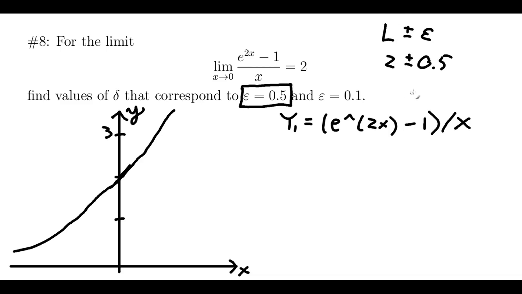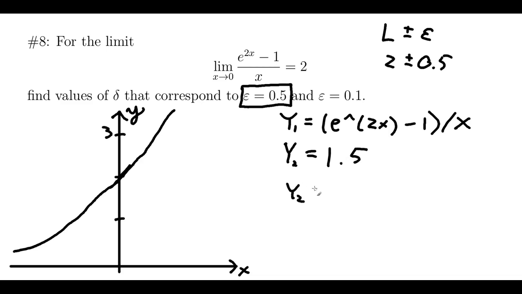Now, like I said, we'll have to solve some equations here, but the easiest way to do that in a case like this is graphically. So if you go back into your y equals screen, you can graph 2 more functions. Those are the constant functions corresponding to the bounds on this. If we subtract 0.5 from 2, we get 1.5.